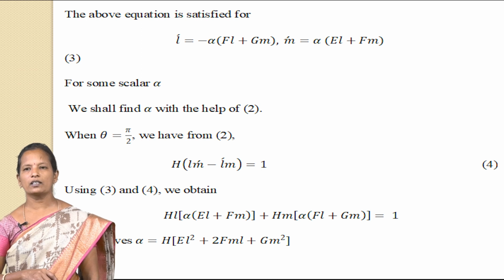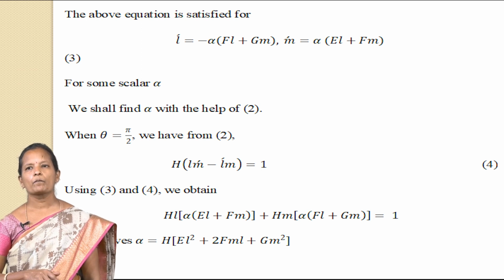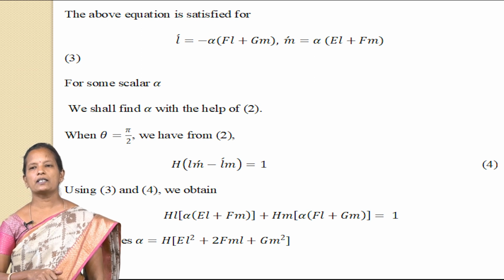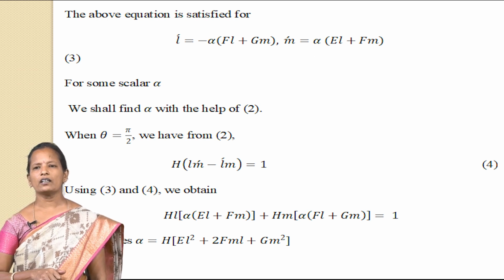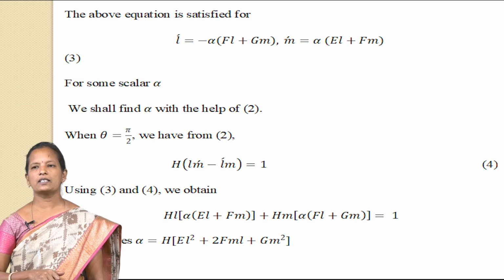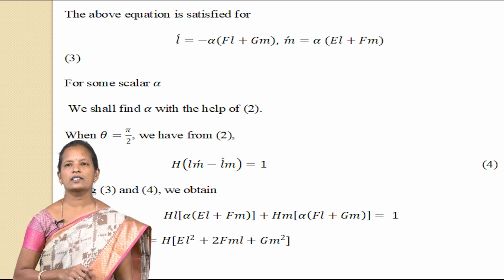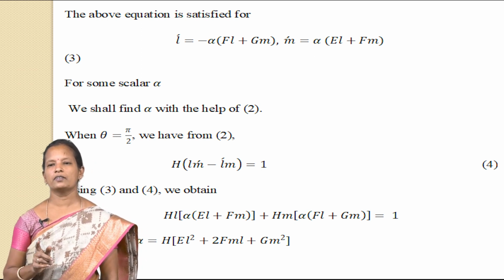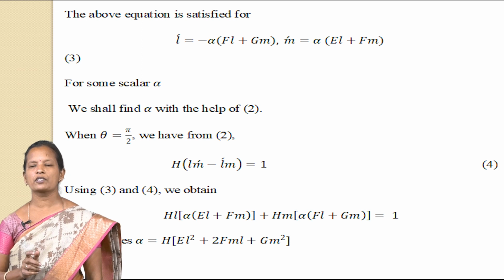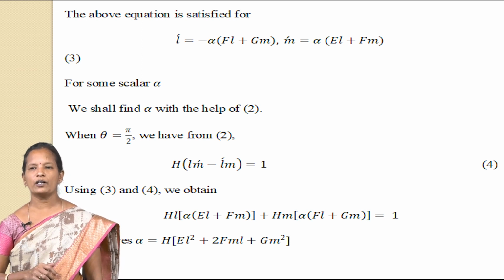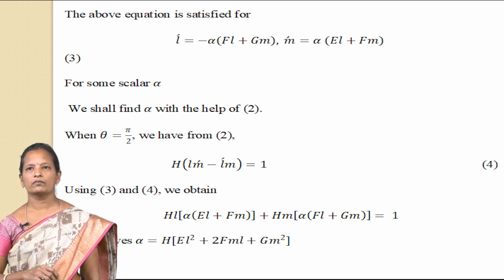Using equation 3 and 4, we obtain HL into alpha into (EL plus FM) plus HM into alpha into (FL plus GM) is equal to 1, which gives alpha is equal to 1 by H into (EL squared plus 2FML plus GM squared). This is the value for alpha.